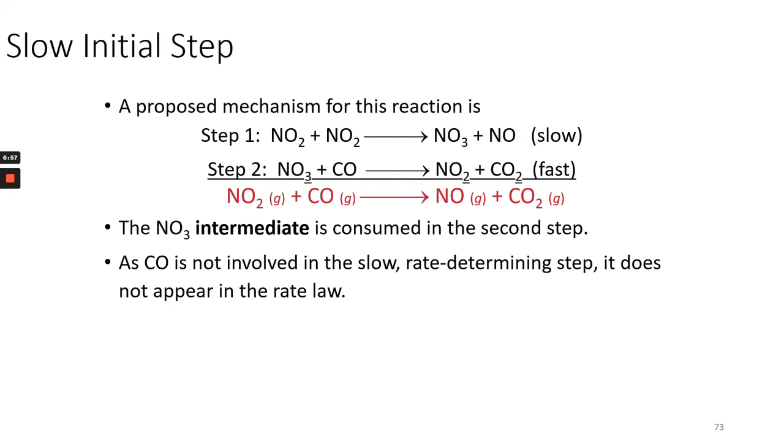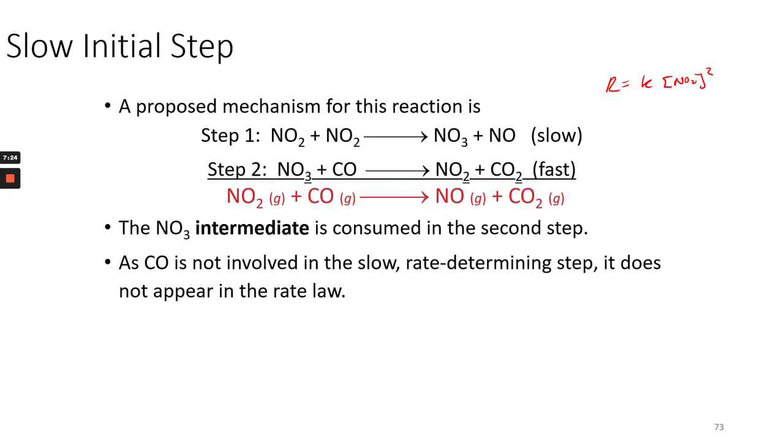All right, so one of the proposals is, remember, our rate law was this, and it has to be the slow step. So what do we have here? 2 NO2 yielding NO3 plus NO, and this is our slow step. Then the second step is NO3 plus CO yielding NO2 plus CO2.